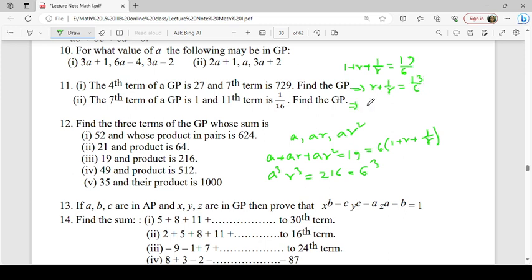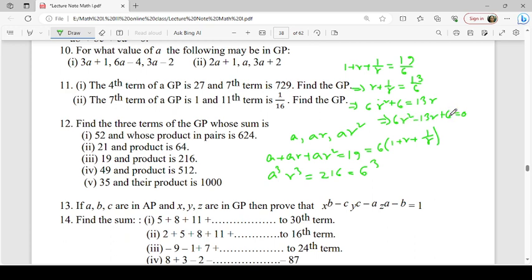Then R square plus 1 is 13R by 6, so 6R square plus 6 is equal to 13R. Then we get this quadratic, 6R square minus 13R plus 6 is equal to 0.